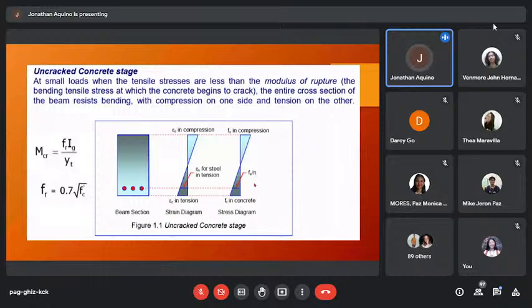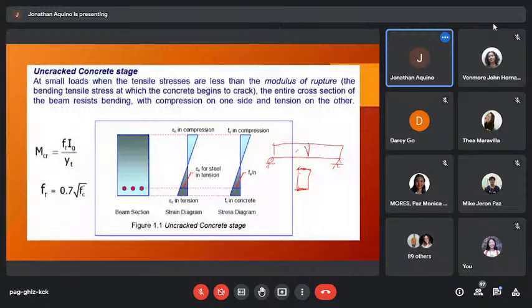Okay? So, di ba yung beam natin, for a simply supported beam, we have for vertical loading, the top fiber of the beam is in compression, and then the bottom fiber is in tension. So there is a code requirement wherein there is allowable rupture.